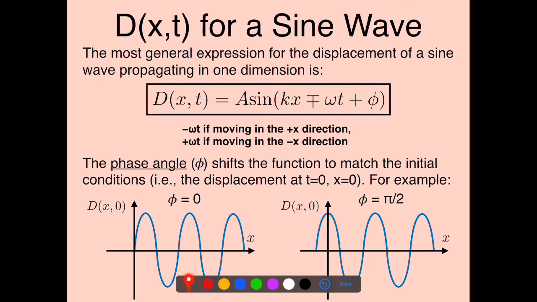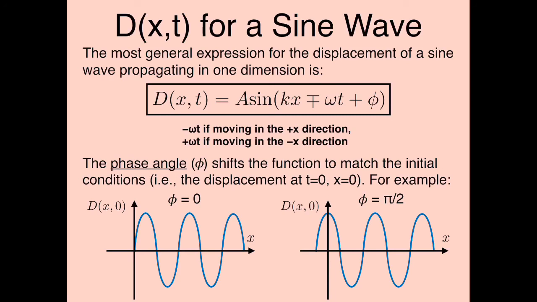We saw earlier that we're going to choose minus omega t for a wave that moves in the plus x direction, but if we were moving in the negative x direction, then we would choose plus omega t. That's how you interpret this part of the expression. Now the phase angle, which we didn't account for before, basically just allows you to shift the function to match the initial conditions.